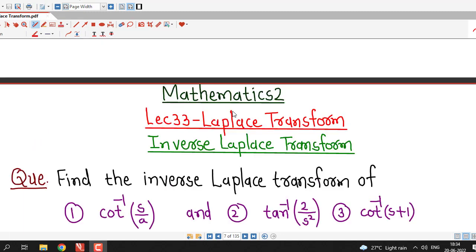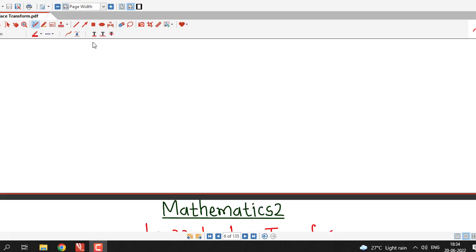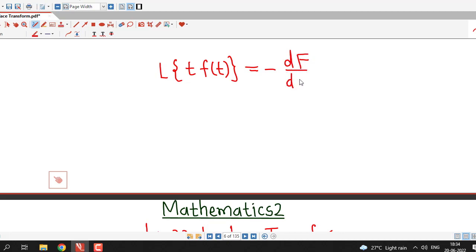And for this problem we are going to use this formula which we are discussing since last two lectures. We know that Laplace transform of t times f of t is given by negative of derivative of Laplace transform of small f, which we have denoted by capital F of s, where capital F of s is Laplace transform of small f of t.